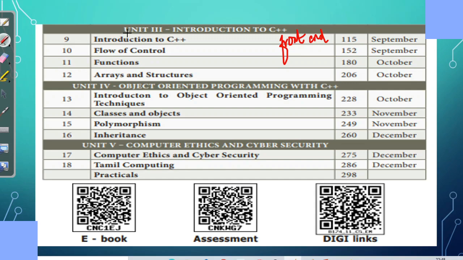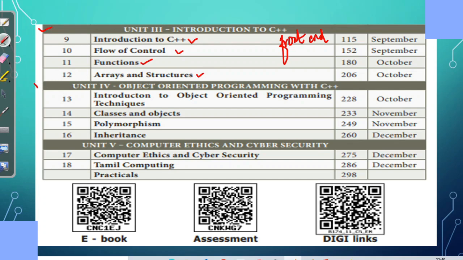In 12th standard you are going to learn about the back-end tool, that is for storage, SQL tool and so on. But in 11th you are going to learn the front-end tool alone. Under that, introduction to C++, then control flow in C++ programs, the use of functions, arrays and structures in C++. So that is your third unit.